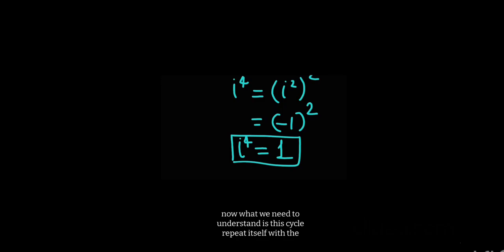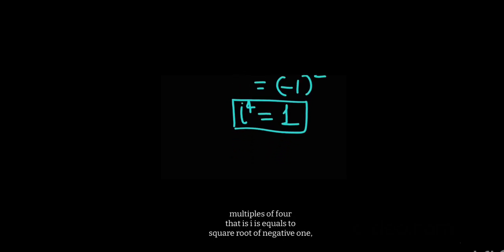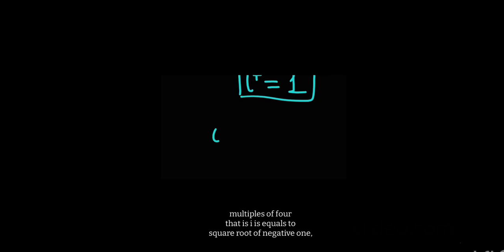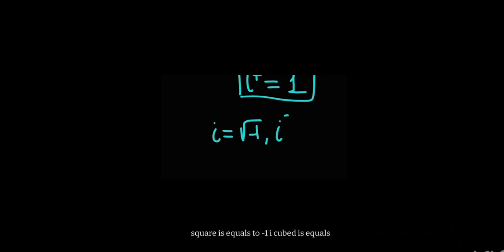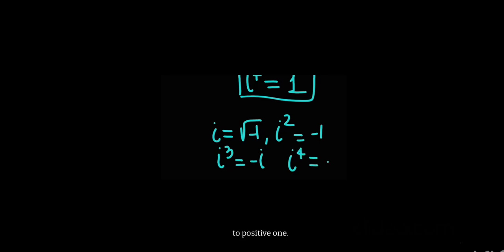Now, what we need to understand is this cycle repeats itself with the multiples of 4. That is, i is equal to square root of negative 1, i squared is equal to negative 1, i cubed is equal to negative i, and i to the power 4 is equal to positive 1.